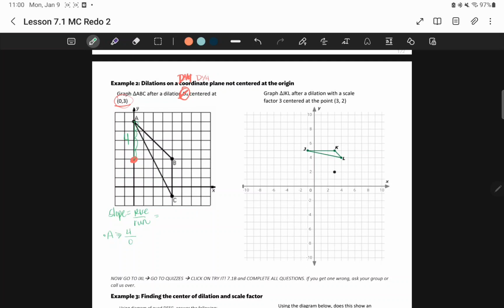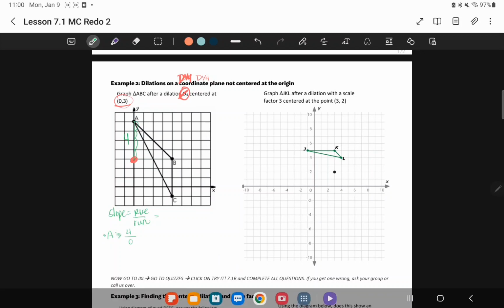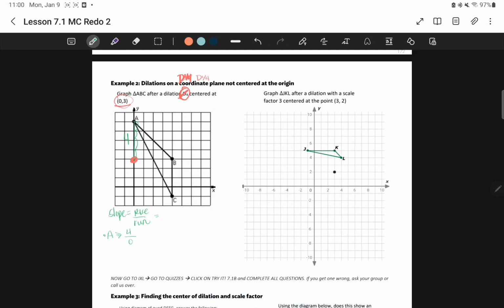Just like you multiplied your points by the scale factor, you do the same thing except you multiply your slope by the scale factor. So we're going to multiply the top by a 4th and the bottom by a 4th. So 4 times 1/4 is 1, and 0 times 1/4 is 0.